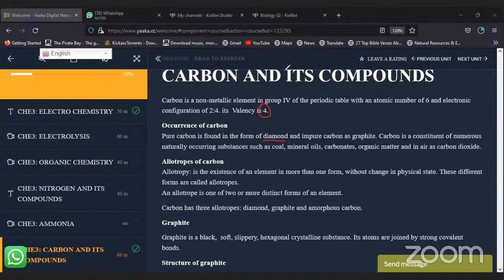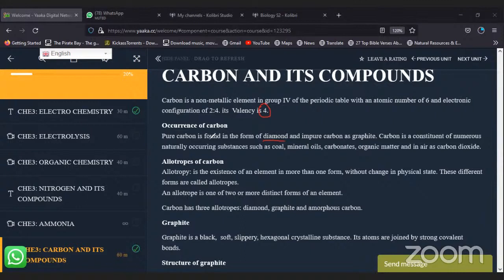Okay, Peter, you're back. So I was just going through some of the key things about carbon. I've said that it has atomic number 6, electronic configuration 2, 4, and valence 4.